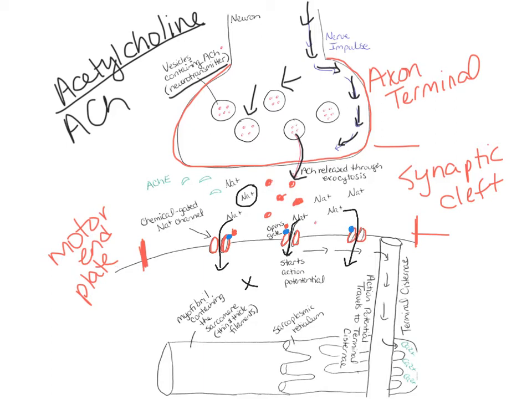This alone with sodium, if enough sodium comes in and enough positive charges, because sodium is positive, that resting membrane potential of the muscle reaches threshold, and we'll get an action potential on the side of the muscle.